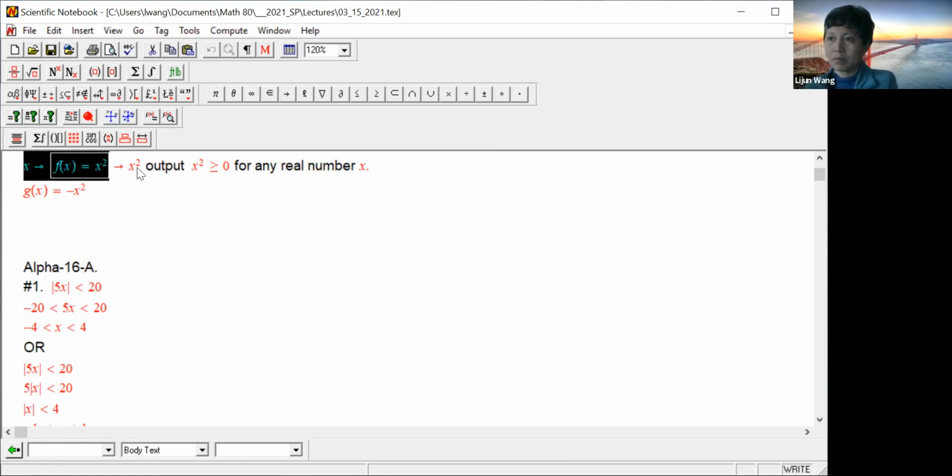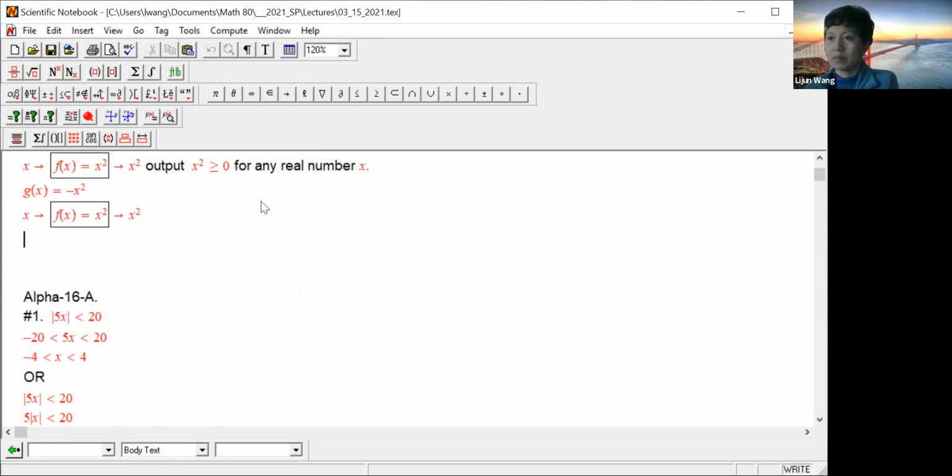What does it mean? This function is called a make opposite. What does it do? It just puts a negative sign on this. So the output is going to be -x squared.